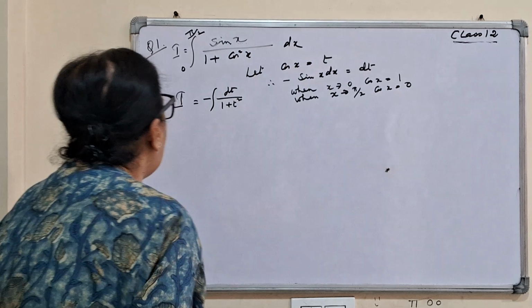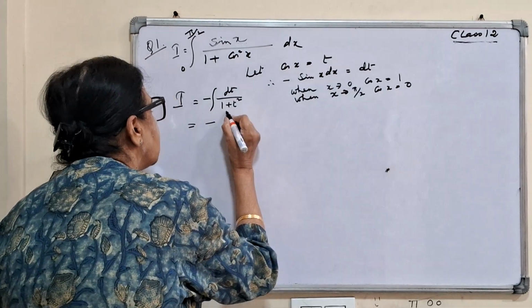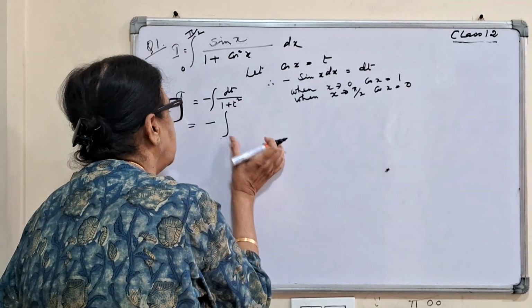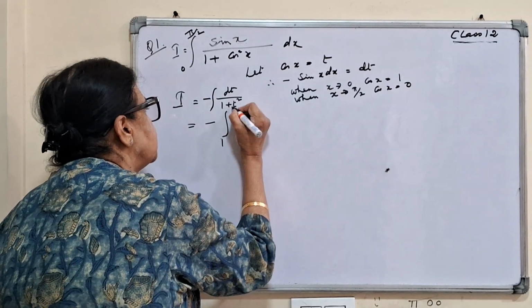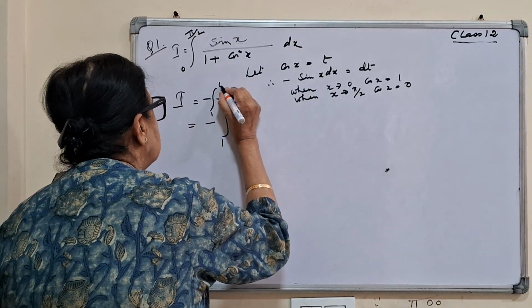Okay, so I change the limits: this is 1, and this is 0.